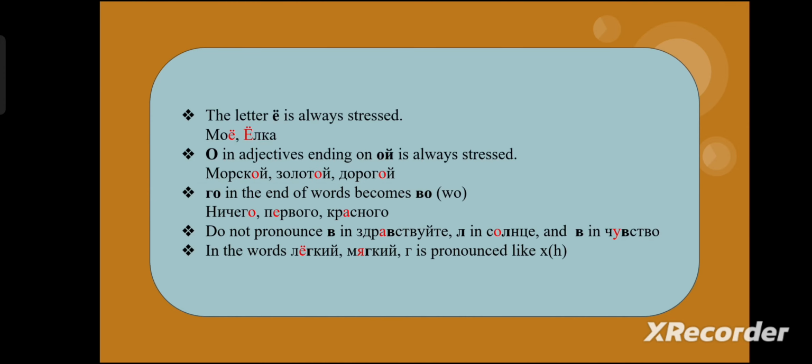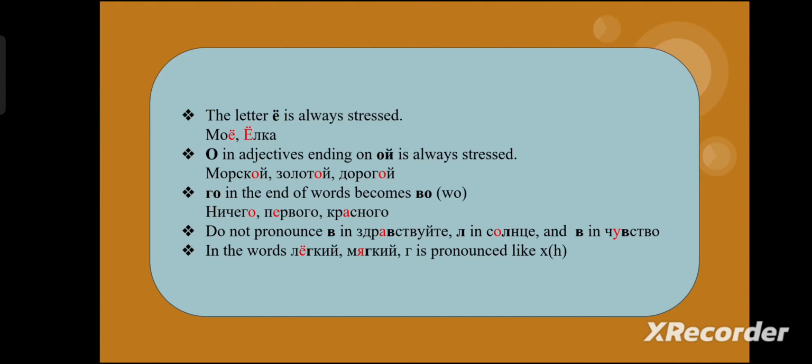Next, let's read some hacks to pronounce some Russian words. First, the letter Yo is always stressed. Some examples. Mayo, Yolka. So wherever you see the letter Yo, you understand it's stressed. Next, the letter O in adjectives ending in oy is always stressed.